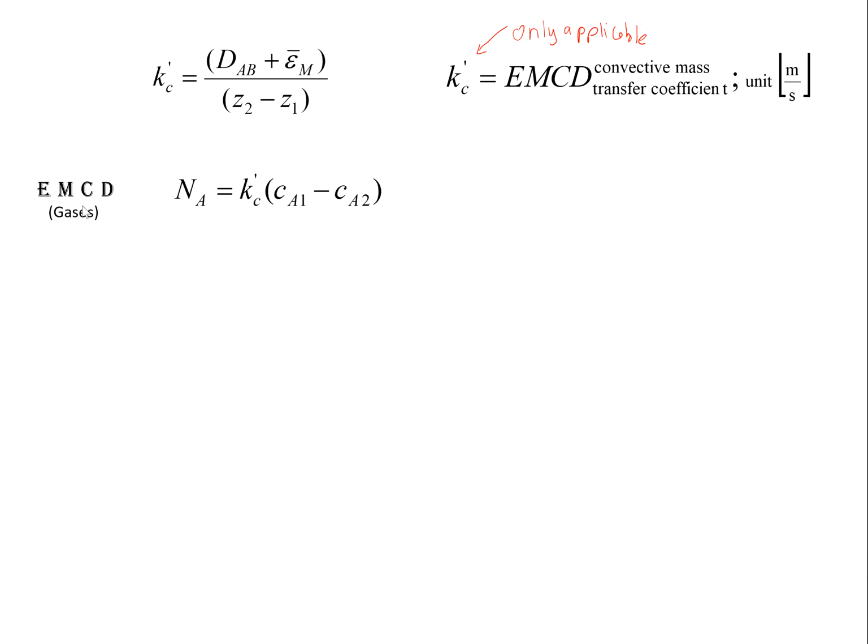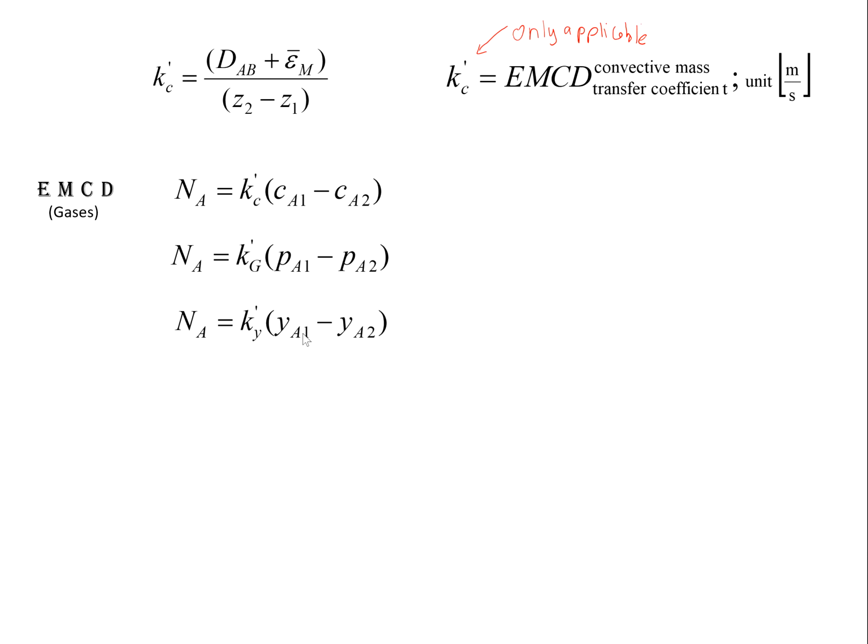So let's have a look at the gas phase mass transfer via convection. Kc prime can only be paired with the difference in concentration. If you have a difference in partial pressure, you use Kg prime instead of Kc prime.